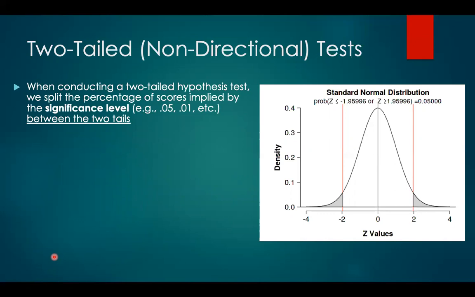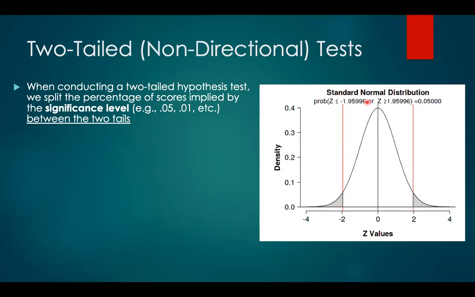Now, the important part here is that when we're conducting a two-tailed hypothesis test, we split the percentage of scores implied by the significance level. So if our significance level is 0.05 or 0.01, we split that between the two tails. So let's say we're isolating 0.05. We would split it so that we have 0.025 in this tail and 0.025 in this tail.